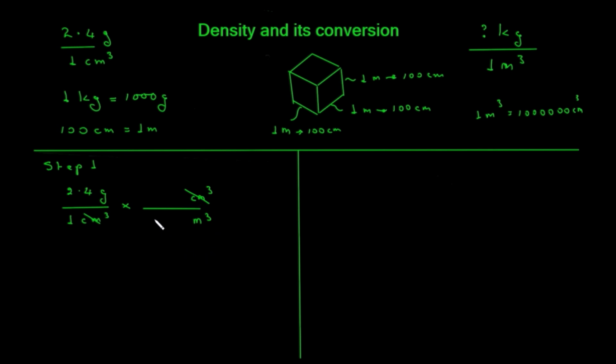Now in ratio we have 1 cubic meter is that number of centimeters. So let's put that number there where this one is. Oh, I don't know if I've got enough room. Let's change that, shall we?